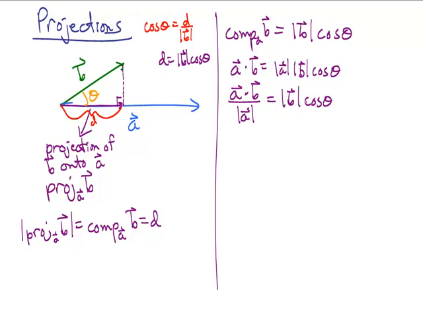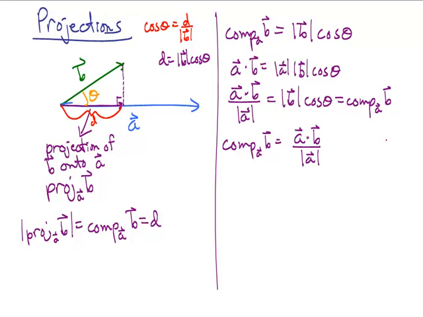And what is this equal to? This is the component, the scalar component of B onto A. It's the length of that projection vector. So I know how to find the length of it. The scalar component of B projected onto A is given by the dot product of the two vectors divided by the length of A.